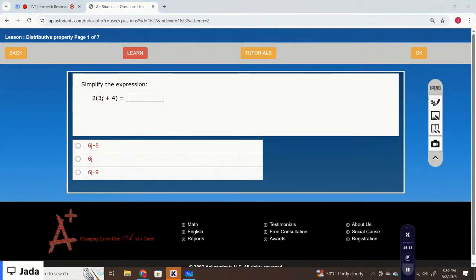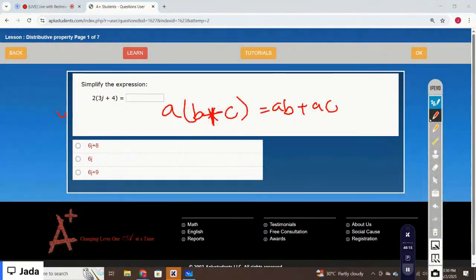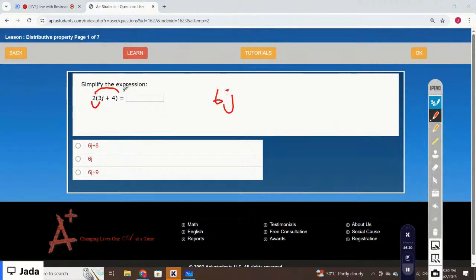2 times 3j plus 4. So 2 times 3j is 6j and 2 times 4 is 8.